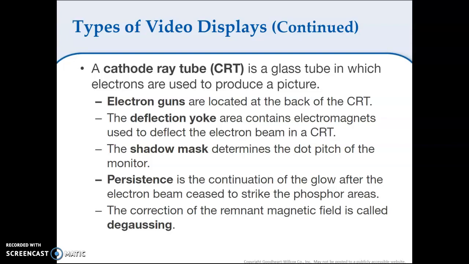The shadow mask determines the dot pitch of the monitor. The persistence is the continuation of the glow after the electron beam has ceased to strike the phosphor areas. And then finally, the correction of the remnant magnetic field is called degaussing. So all of these are different aspects of the CRT, the cathode ray tube display, which is now probably the least used of the three that we're going to be discussing.